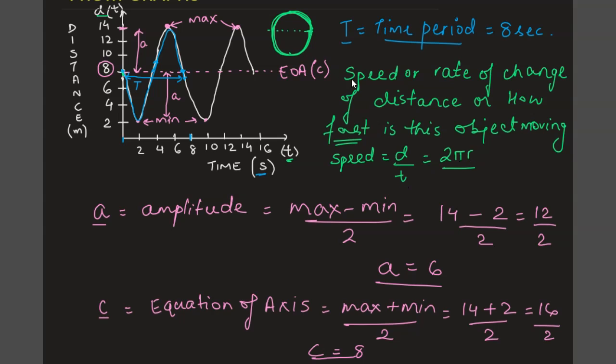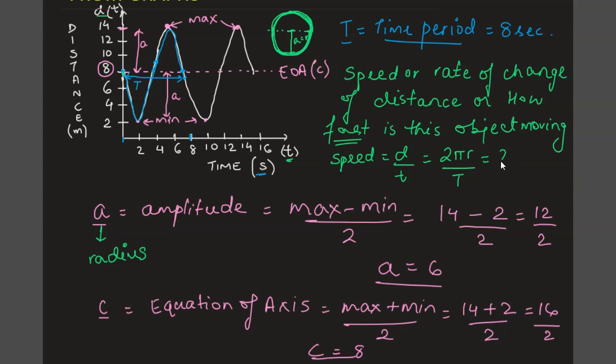And time taken is nothing but one full cycle time, that is my time period. Now to find the radius of this circle, I need to know how much this distance is. And always remember, your radius will be represented with your amplitude. So my amplitude is going to give me the radius of this circle.